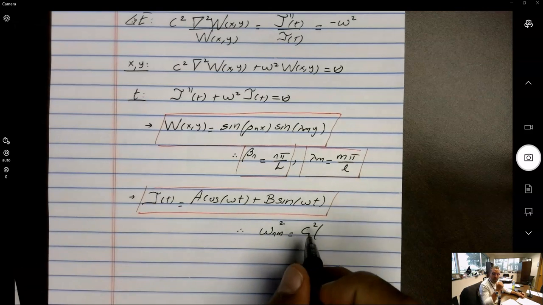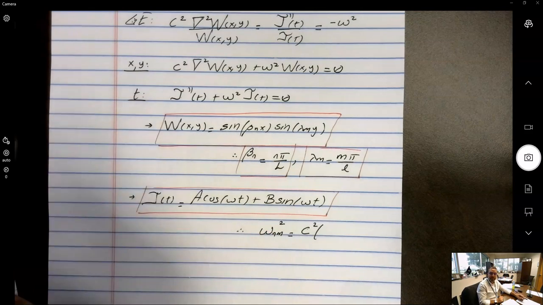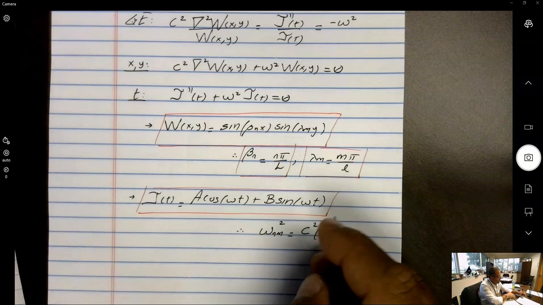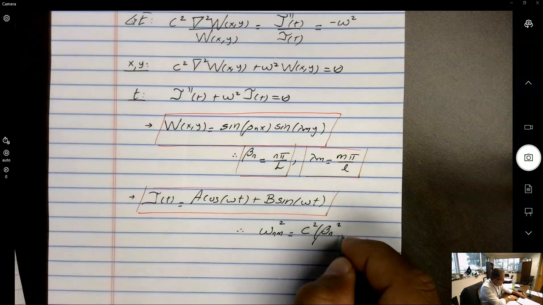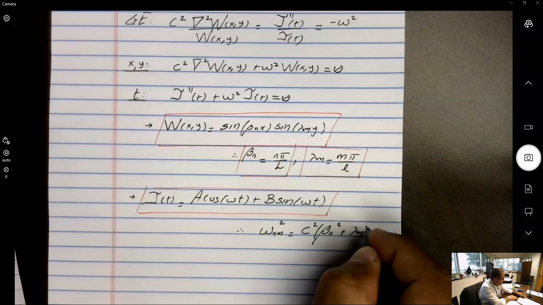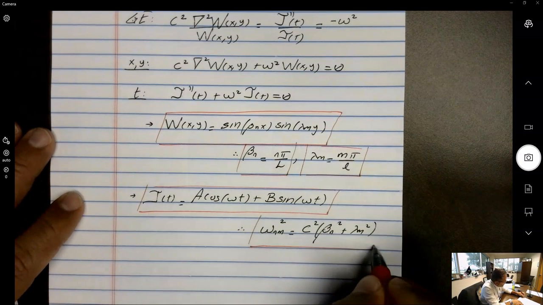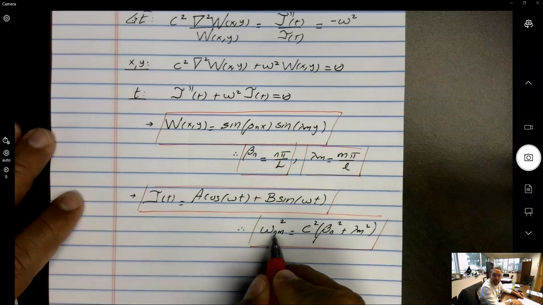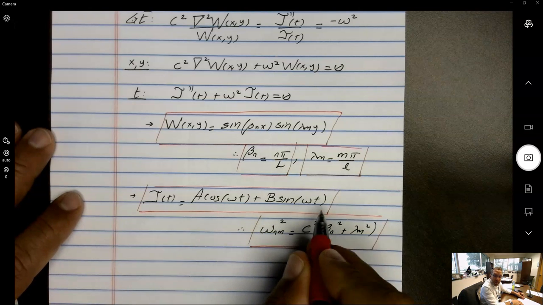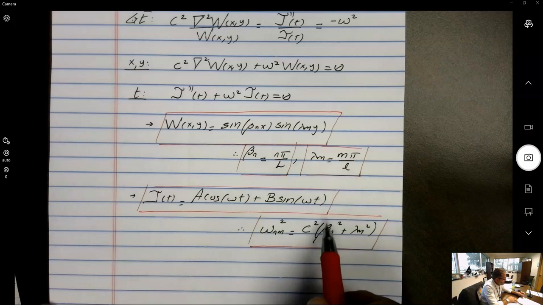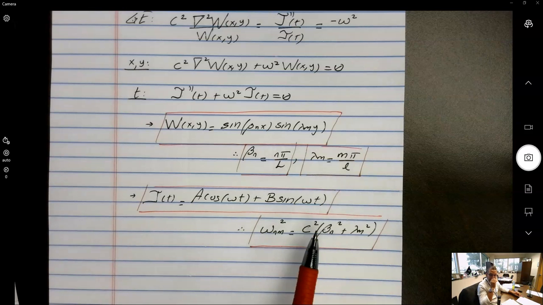That physical parameter is part of the equation. Again, it is connected to the elasticity of the material of the membrane and some physical combination. So this omega nm, not wavelength, this is a frequency, is c squared times the eigenvalues in the x and in the y direction.